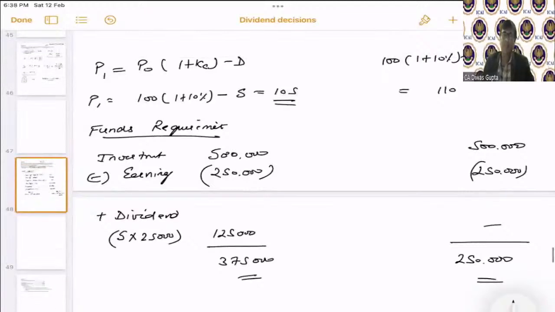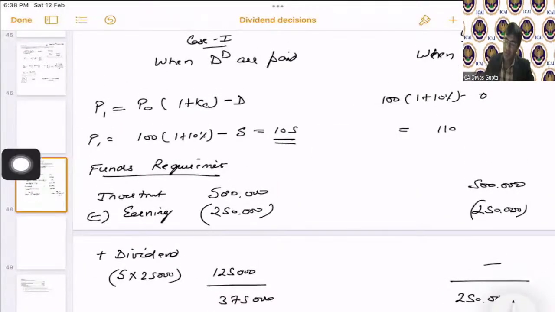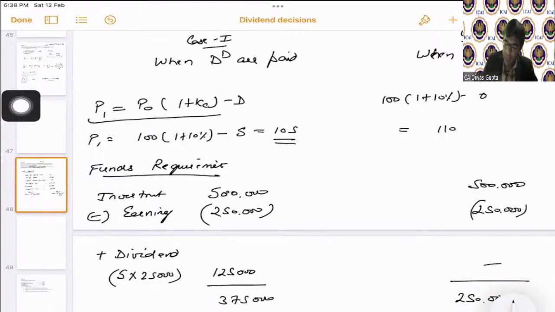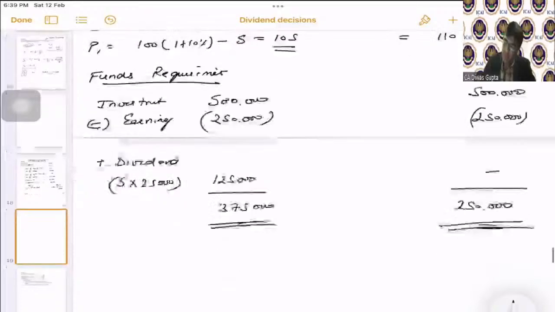This is the net funds requirement. I hope till now we have just calculated as per the previous steps. I hope all of you remember we discussed this formula as well, and how it will be used to calculate the price as per the Modigliani and Miller approach, right, students?